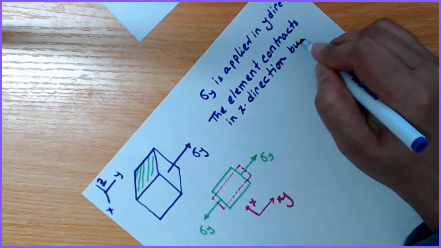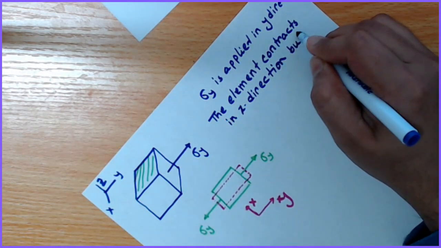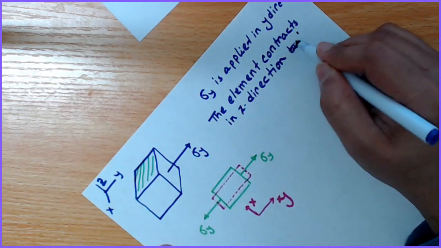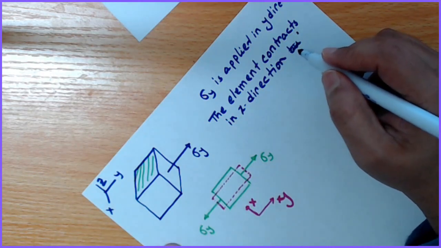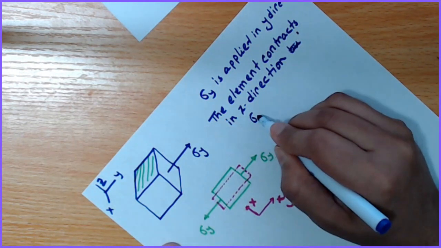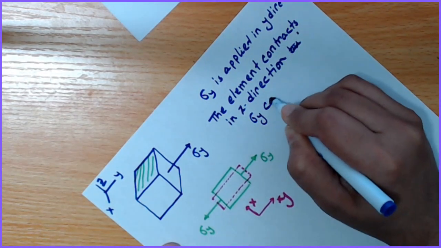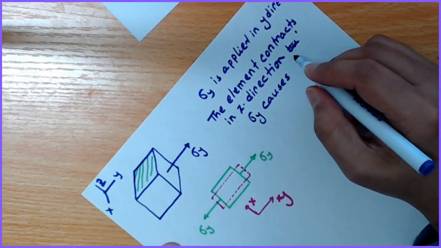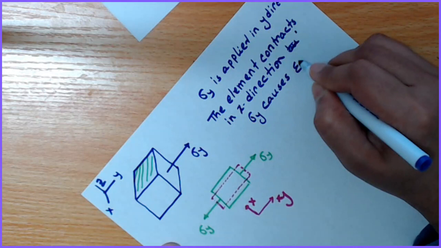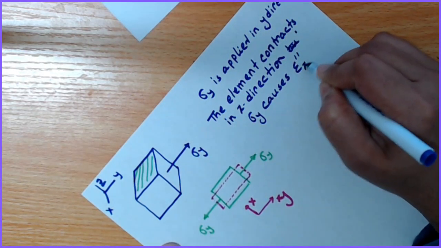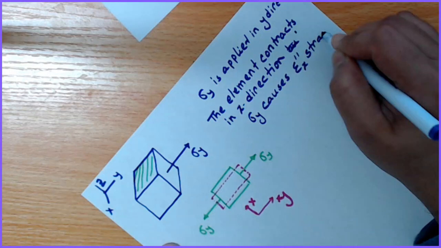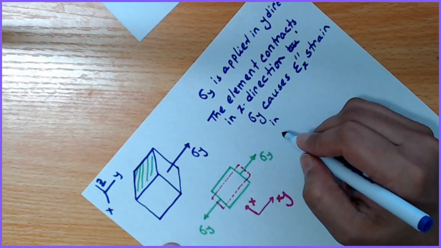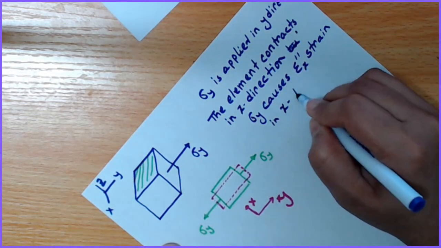The element contracts in x direction, right? And so we can say sigma y causes epsilon double prime x strain in x direction.